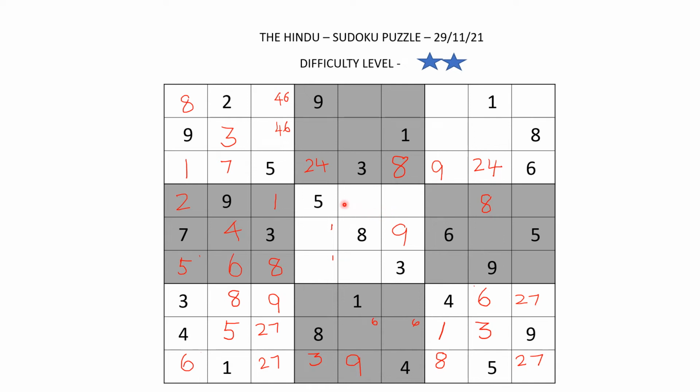Impact of other numbers filled here. We had filled 8 and 5 here, so this 5 is blocking this row, and we have a 5 blocking here. So this cell takes a 5.